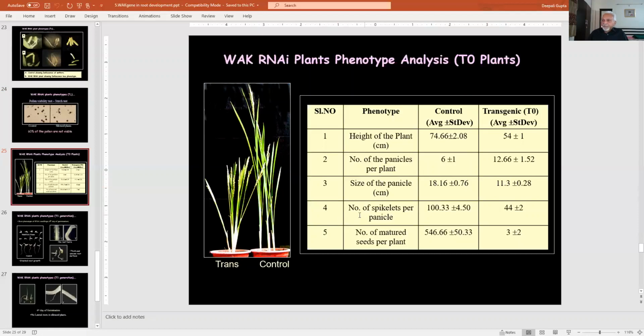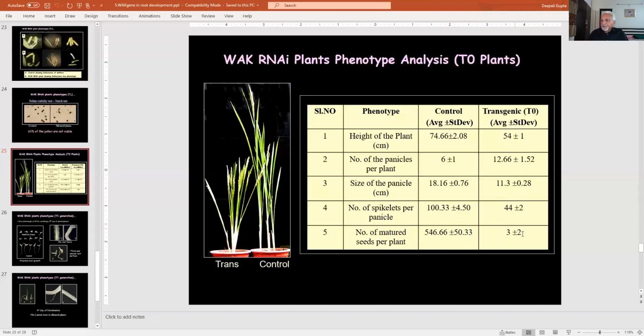And the number of spikelets per panicle, this is interesting. It is 100 here, and it is decreased by almost 60%. So you have only around 40 to 45 spikelets per panicle as compared to control. And very interestingly, if you look at the number of mature seeds per plant, a normal plant produces about 500 to 600 seeds per plant.